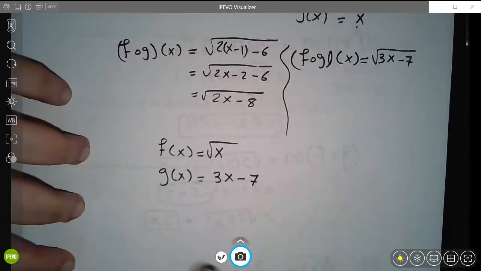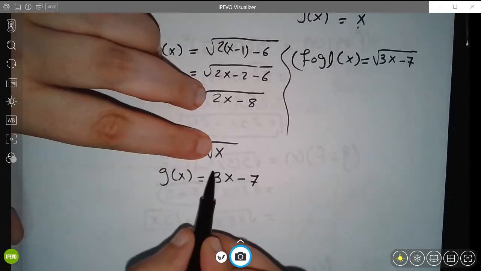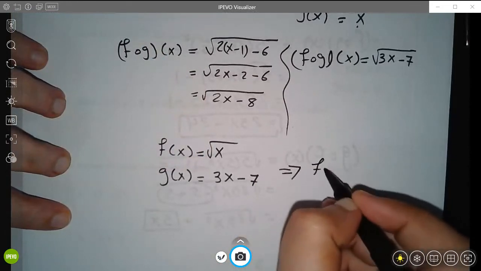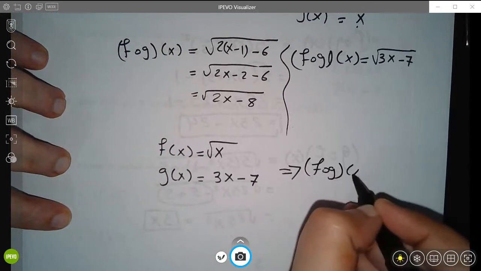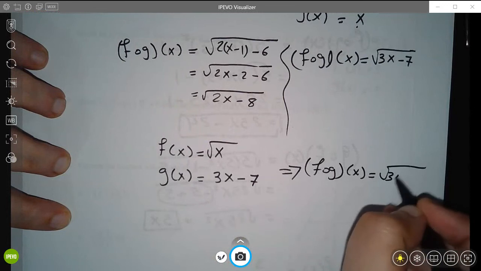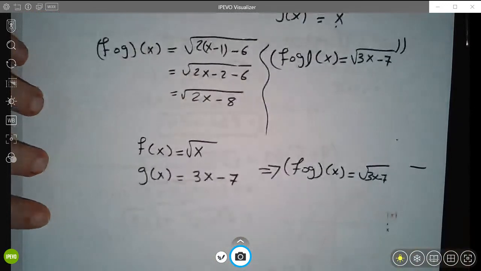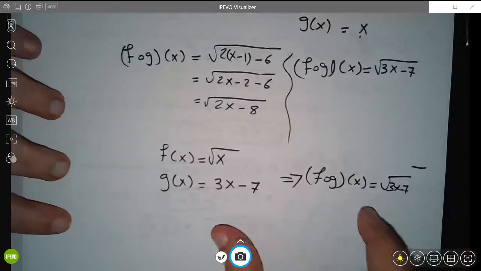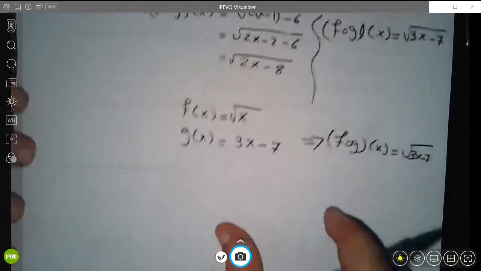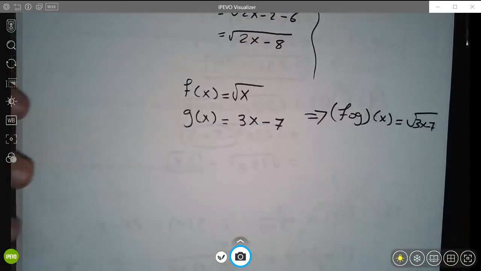So when you plug them in, this x is going to get replaced with this whole thing. So the final result ends up being what? Root of everything here, which is 3x minus 7. I wrote on the other page. That was another possibility. Can you guys give me one more?